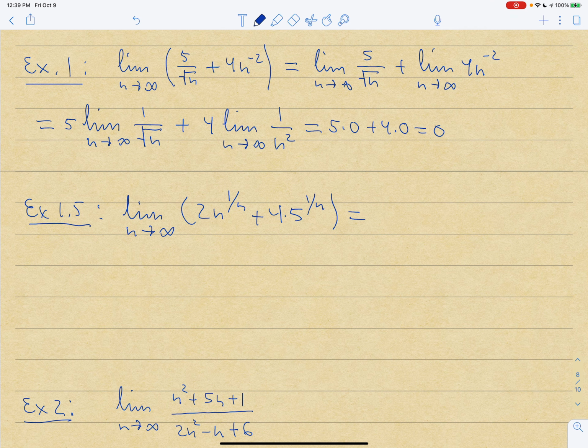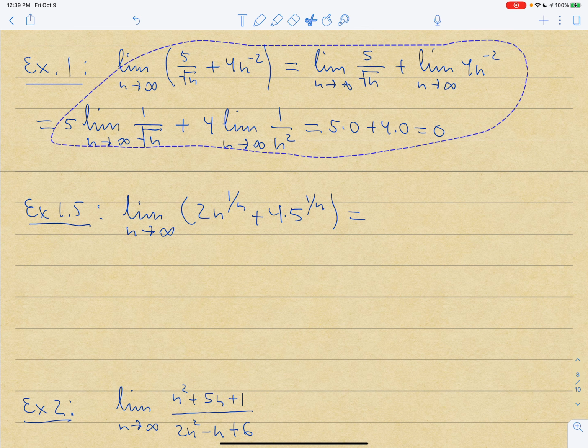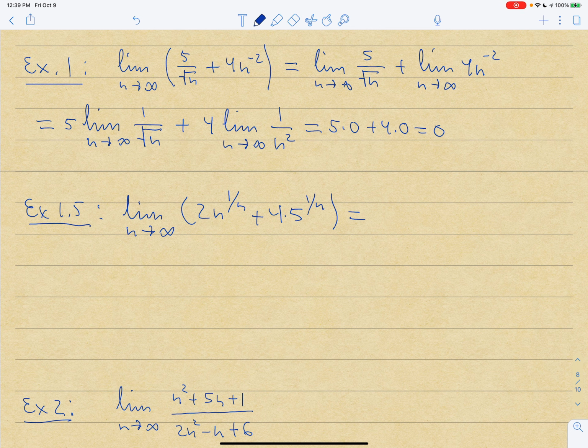So once again, if these limits exist, now in the first example, I used one property at a time. But in principle, I can use two properties at once without a problem. So in this case, I have a limit of a sum of two sequences, and each sequence is multiplied by a constant.